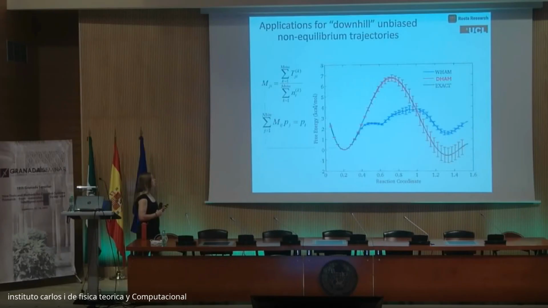Now if we try to analyze that with the two methods, if we use the weighted histogram analysis method, it would see that there is a very large proportion of the simulation starting in this transition state position. So it would think that that's relatively low in free energy, and so we would get this type of free energy profile, which is not correct. Whereas if we use the transition probabilities that we derive from these simulations, we can actually correctly reconstruct the original free energy profile. Now this is a bit more tricky when we have inertial dynamics, but for Monte Carlo this works really well.